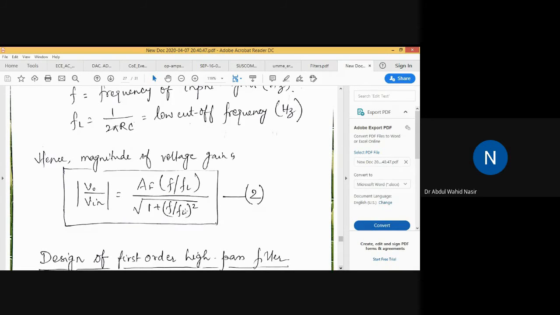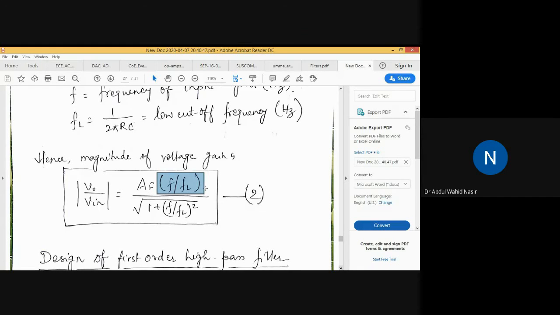So fL will get converted to fH. But in high pass, in the numerator you will have a product of two terms. One will be AF and another term is f by fL. So you should remember the difference in the magnitude gain.